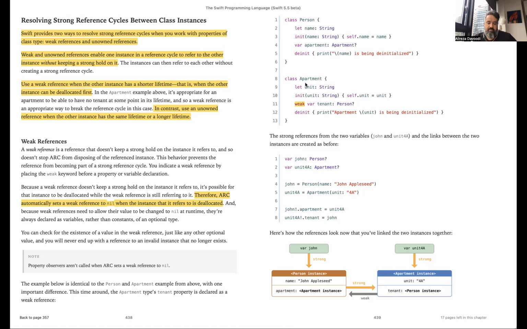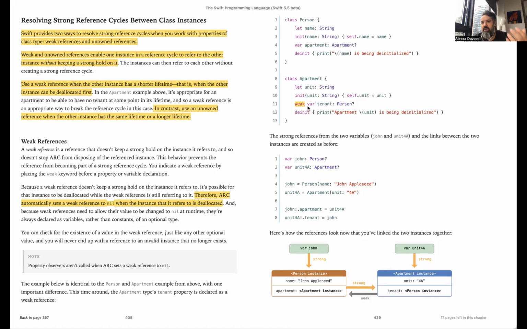Whether you put weak here or here doesn't really matter, but usually you put weak on the reference that is weaker. That means you can have an apartment without a person, right?